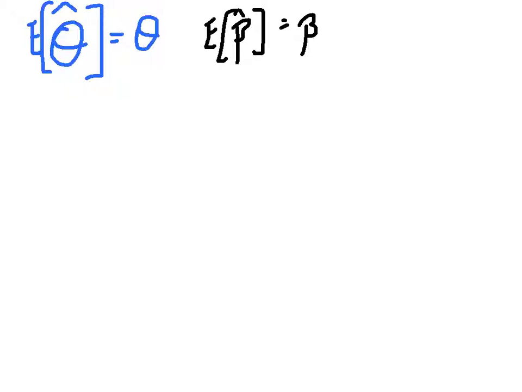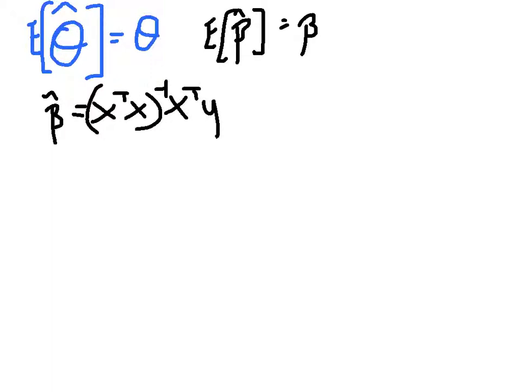So how do we get there? We need to find some kind of expression for beta hat that includes a beta. Well, we said that beta hat is (X^T X) inverse X^T y, and we've said in our model that y is equal to X beta plus epsilon.